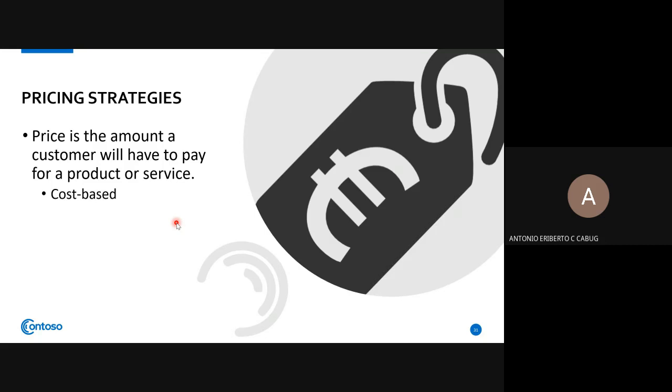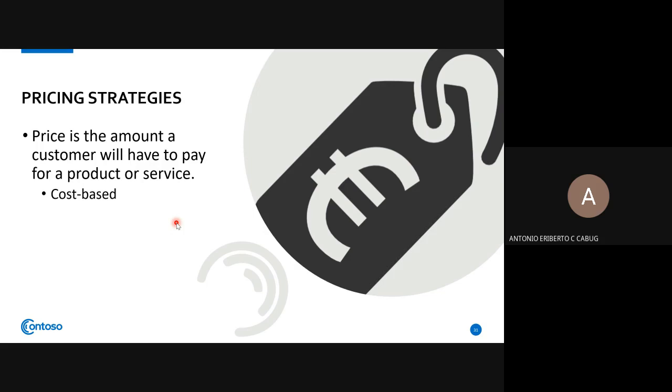So in general, any item that is very customized will be subject to cost-based pricing. Magpapagawa ba sila sa'yo ng building? Siyempre, kailangan mong alamin yung cost, magdagdag ka ng konting kita. Cost and then add some amount for your markup. So if there's a markup of 20%, edi kunin mo yung total cost times 1.2.